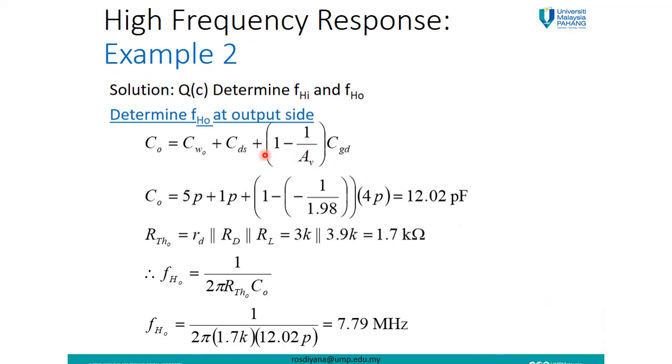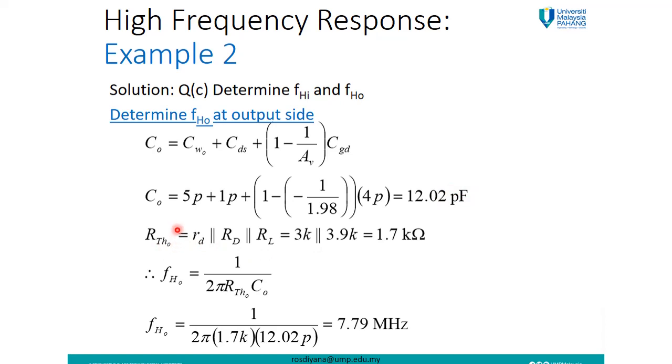Next, we calculate the fH out at the output side. We repeat the steps, calculate the C out. So C out equals CW out plus CDS plus the CM out here. Then for the C out, you get 12.02 picofarad.